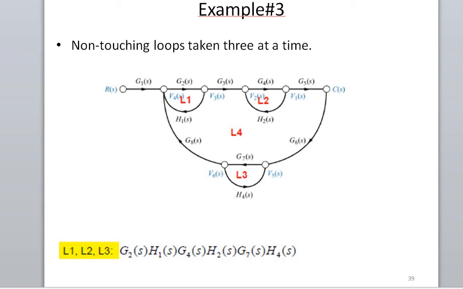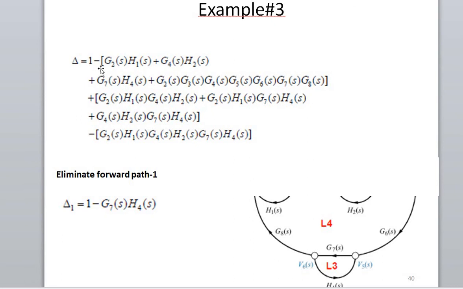So we can write delta as delta is equal to 1 minus the sum of loop gains of all feedback loops, plus the sum of all possible combinations of the product of any 2 non-touching loops, minus the sum of all possible combinations of the product of any 3 non-touching loops. So delta is equal to 1 minus (L1 plus L2 plus L3 plus L4). The loop gains of L1, L2, L3, L4 are shown here.